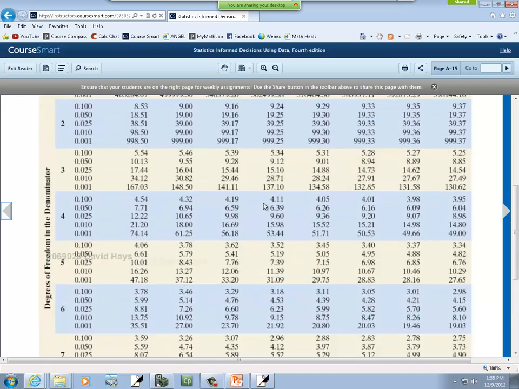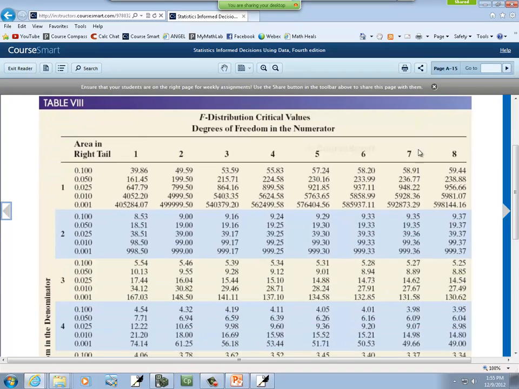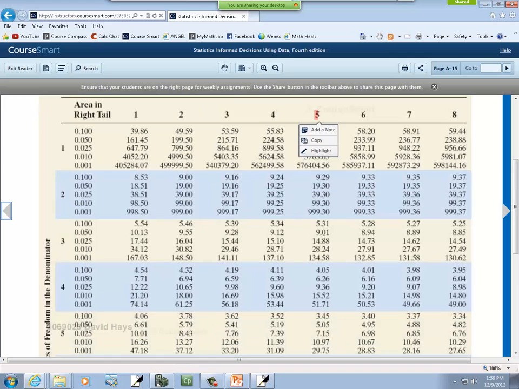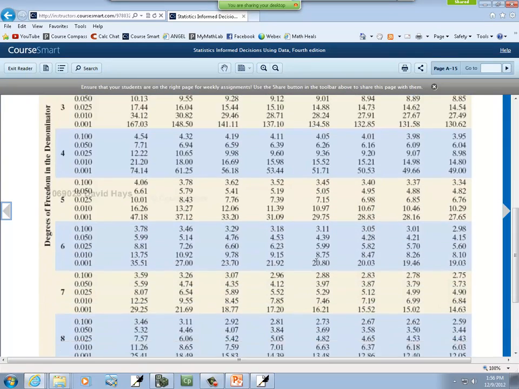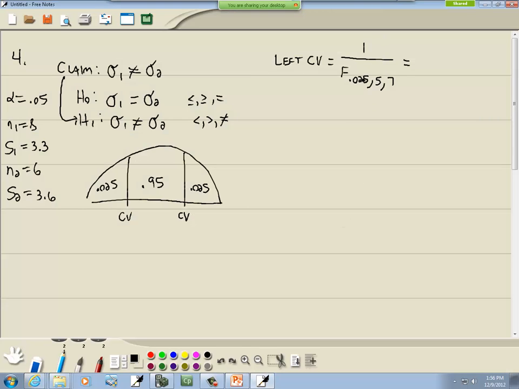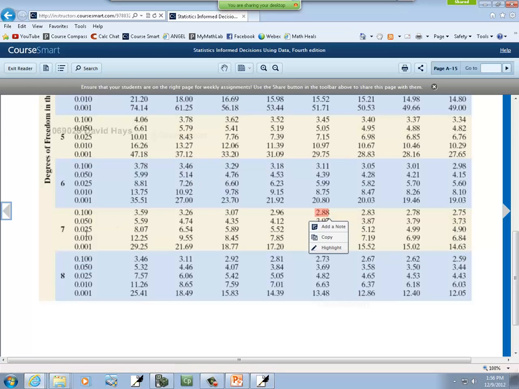Okay, 5 and 7. I'm going to find 5 across the top. Here's my numerator degree of freedom. That's always the first number you have in here, besides the 0.025. And then 7. So this is the column I'm looking in. I'm going to go down to the 7s, which starts right here. And we want alpha of 0.025. So 0.025 is the middle one. So 5.29.